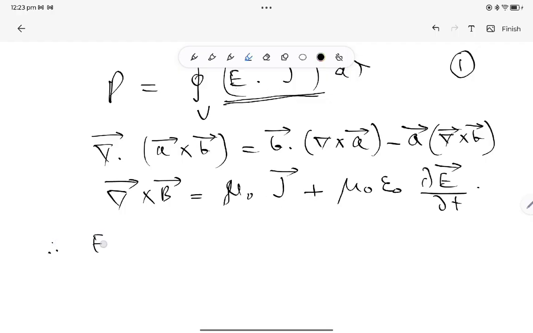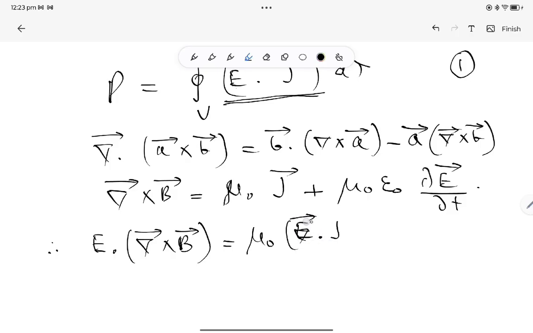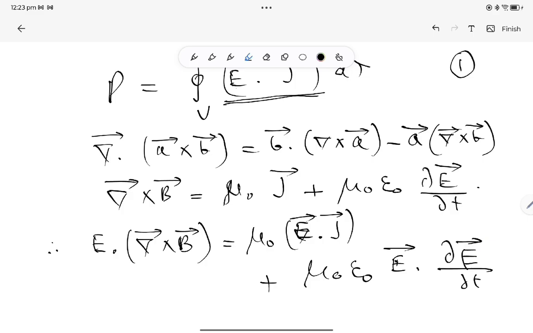Therefore, E dot (del cross B) is equal to mu naught E dot J plus mu naught epsilon naught E dot del E by del t.